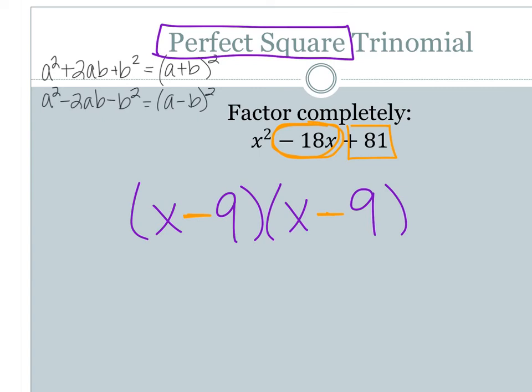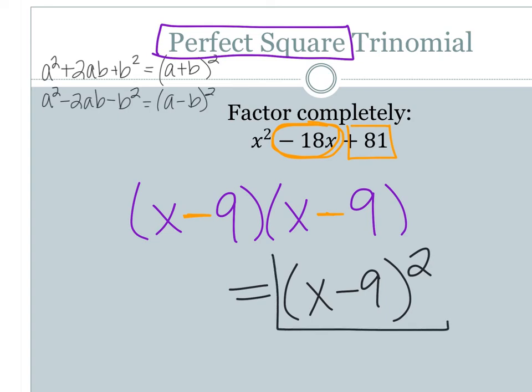Perfect square trinomials tell me that everything inside the parentheses is the same. And in this case they are. So I'm going to rewrite this as x minus 9, squared, because it is a perfect square. I broke it down into two factors that are exactly the same.